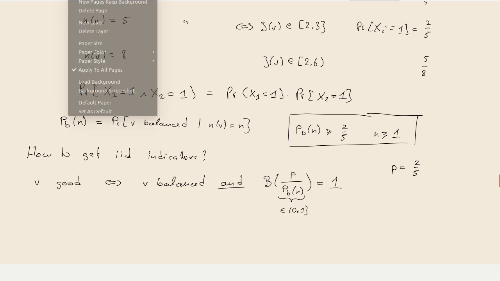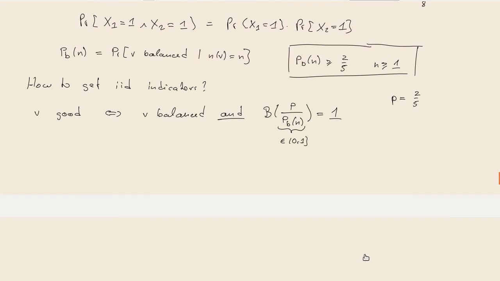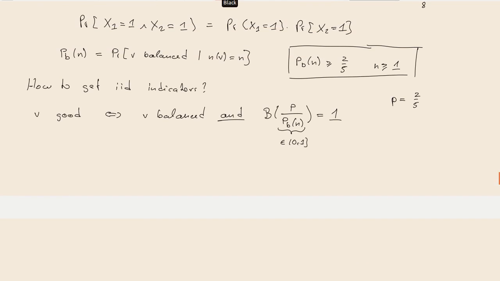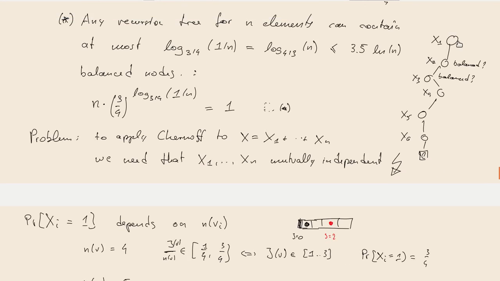And now we define new indicator variables called G_i, which are just the indicators for this event that the ith node on such a path is good.